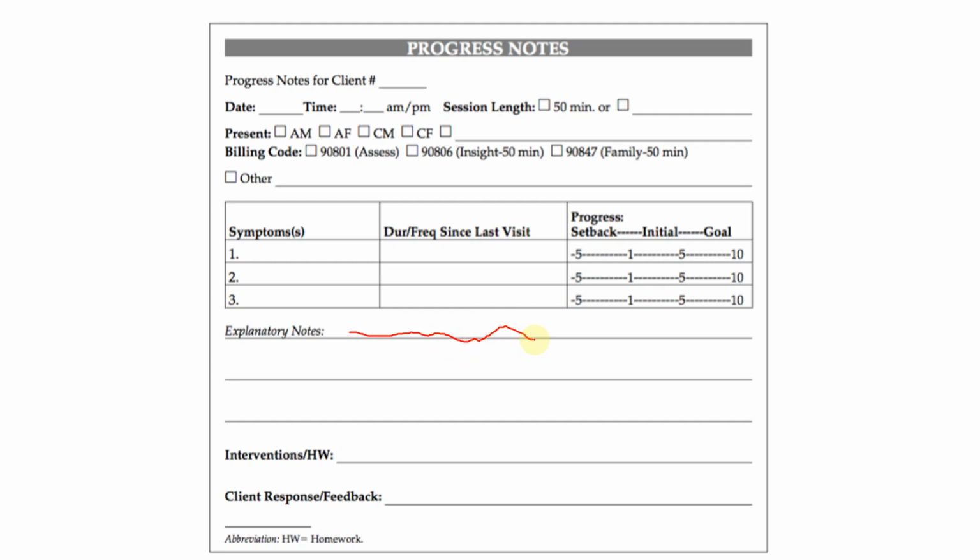You could explain your perspective, your subjective thought about what was going on. You would write interventions used, any homework assigned, and the client's feedback in response to you in the session.